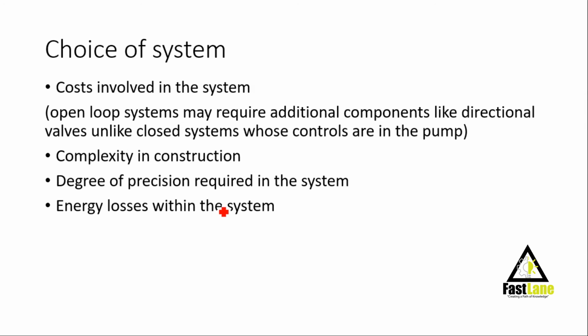So the more components you have, the more energy is lost within the system. But for the closed loop system, we have direct movement of the hydraulic fluid from the pump to the motor, to the load. So the fewer the components, the less energy is lost in the system.